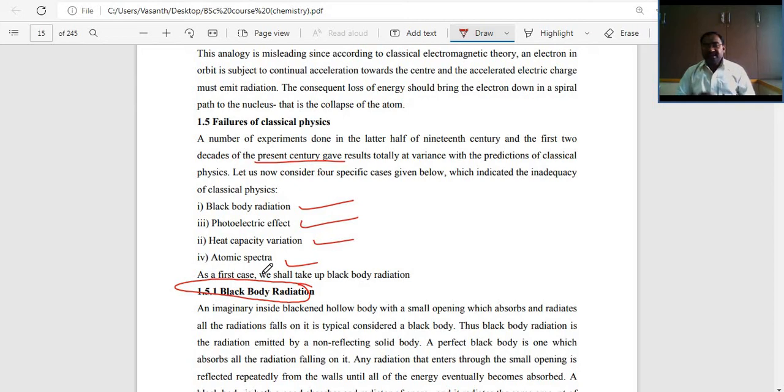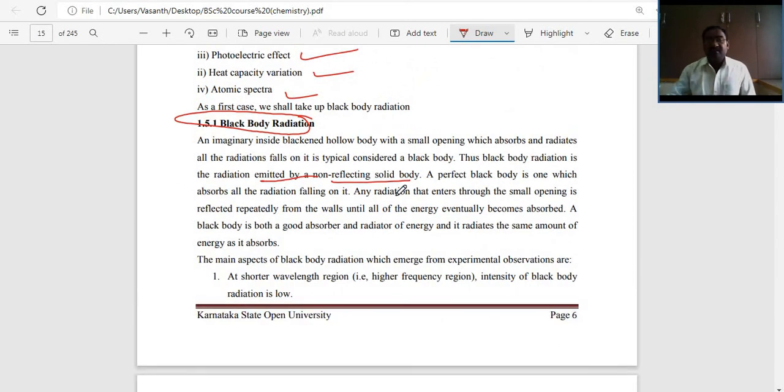The radiation emitted from that body is called black body radiation. It is the radiation emitted by a non-reflecting solid body. A perfect black body is one which absorbs all the radiation falling on it.